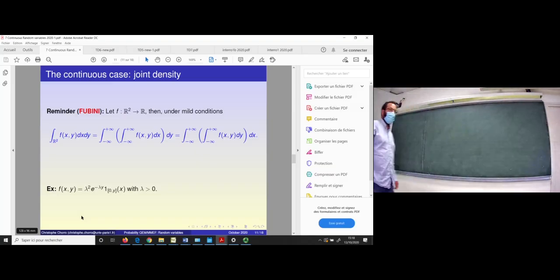Suppose, it's a little exercise, I define f of x, y this way. I'll write it another way.